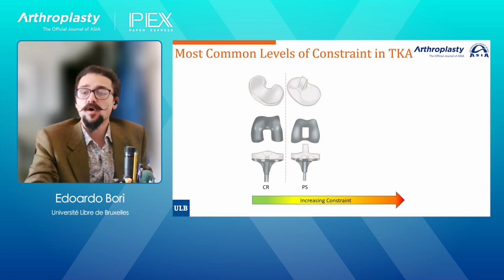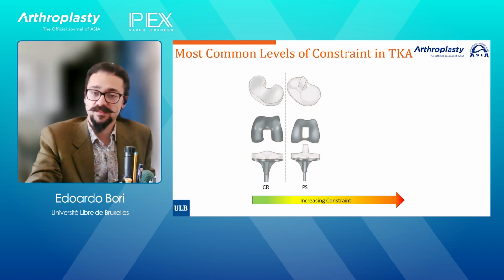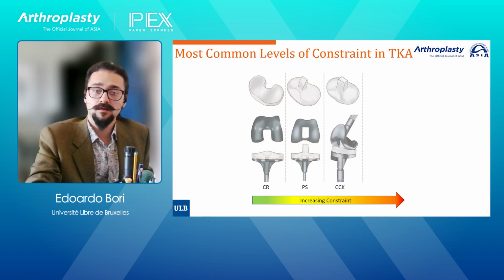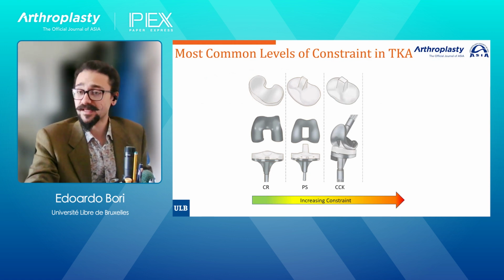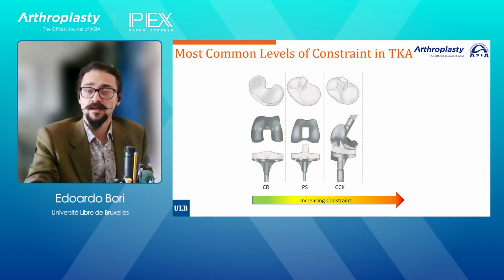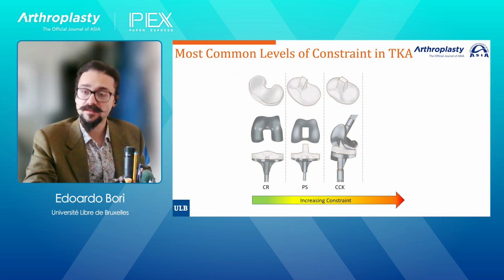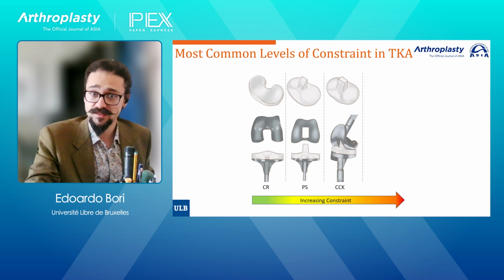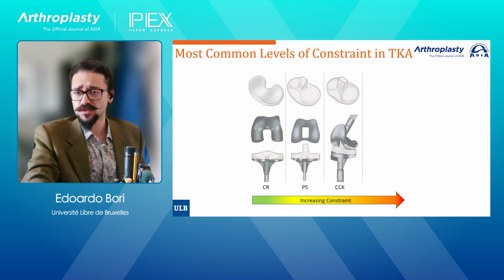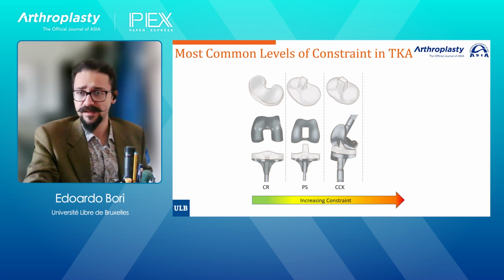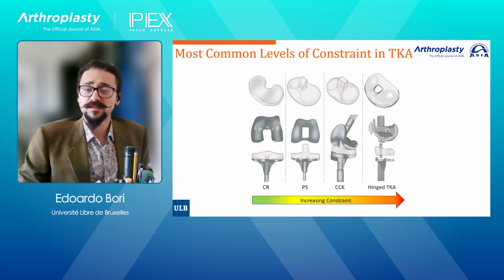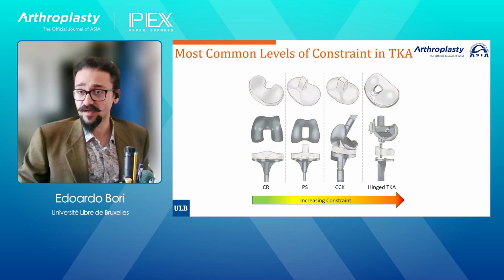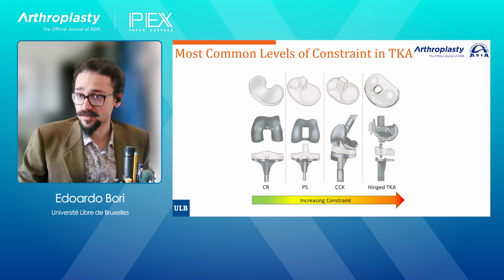And in case the collateral ligaments are also not working properly, we can proceed with a CCK, a condylar constrained knee, in which internal-external rotation is also constrained by the design of the prosthesis itself. If the situation of the patient is really heavy, we can proceed with a hinge TKA, which has an even higher level of constraint compared to the others.